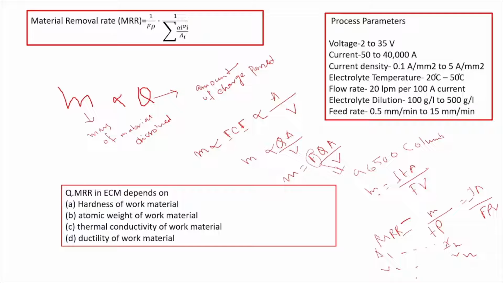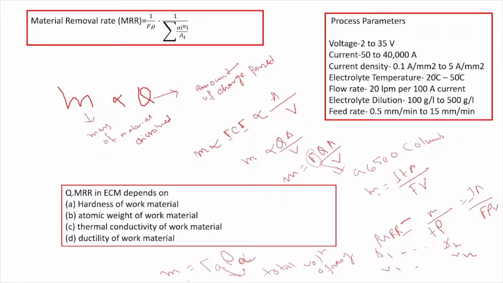then for passing current I at a time t, the mass of material dissolved will be m equals delta t into rho into a, where a is denoted as the total volume of the alloy.